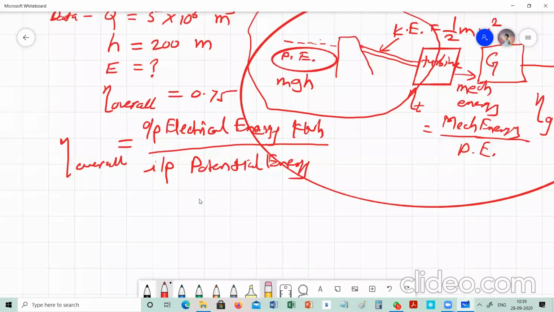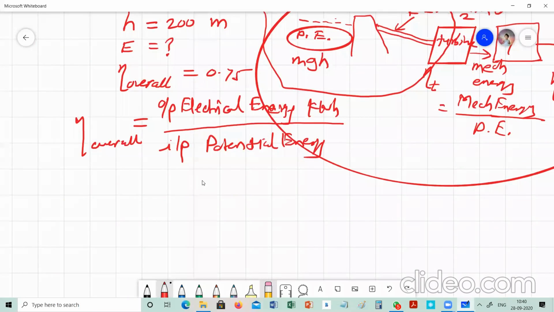So now we will solve this problem. To use this formula, first we have to calculate the potential energy.